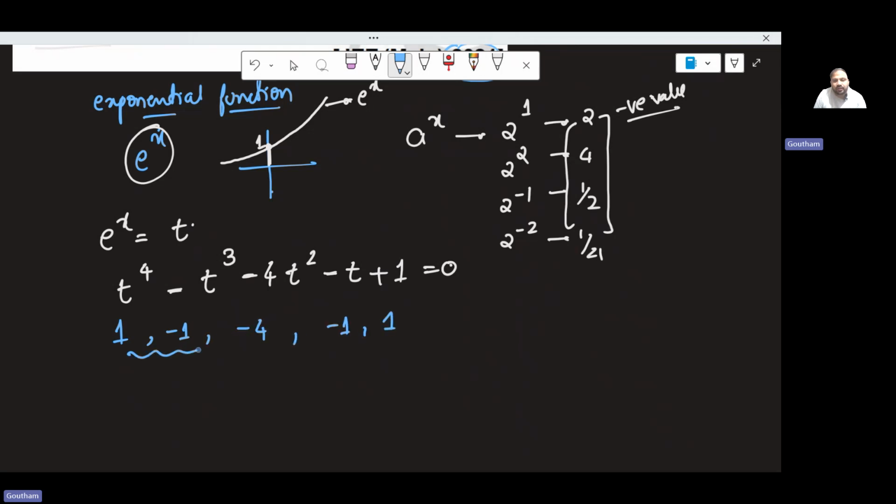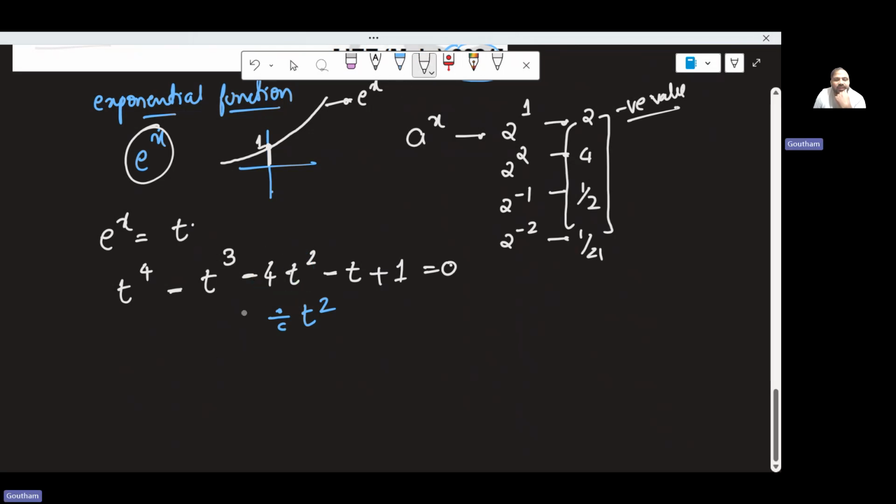All right, see here. We call the roots to be symmetric, or the coefficients to be symmetric. During such cases, we need to divide it by t square, or the middle term. All right.